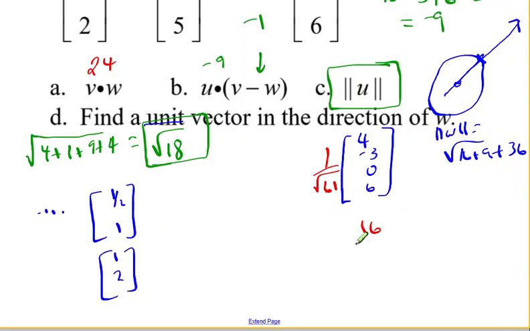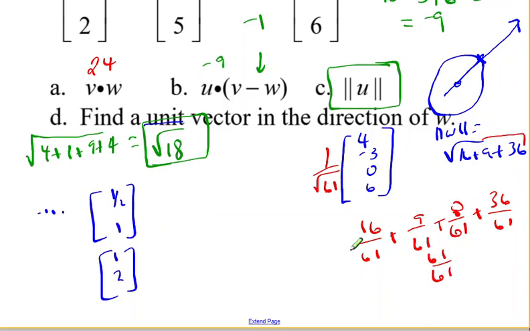It's going to be 16 over 61, squaring that, plus 9 over 61, plus 0 over 61, plus 36 over 61. All I did is take each of those components, distributed them in, and we get 61 over 61. And that's going to be our magnitude.